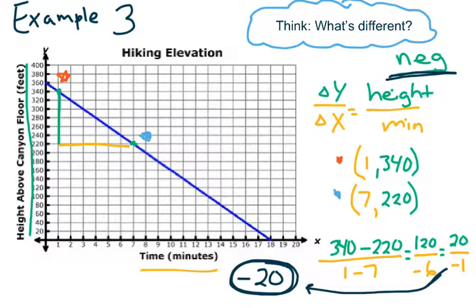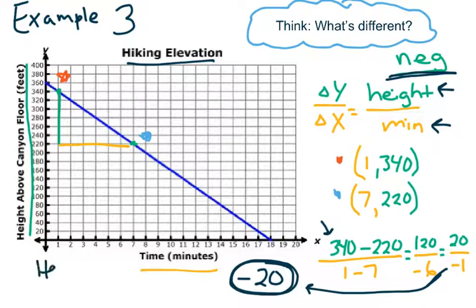But now we also want to think, what does that mean in context? So what it means is our numerator was feet, and our denominator was minutes. So this person is hiking. Their elevation I see is decreasing because this line is going down. So they are decreasing their height.